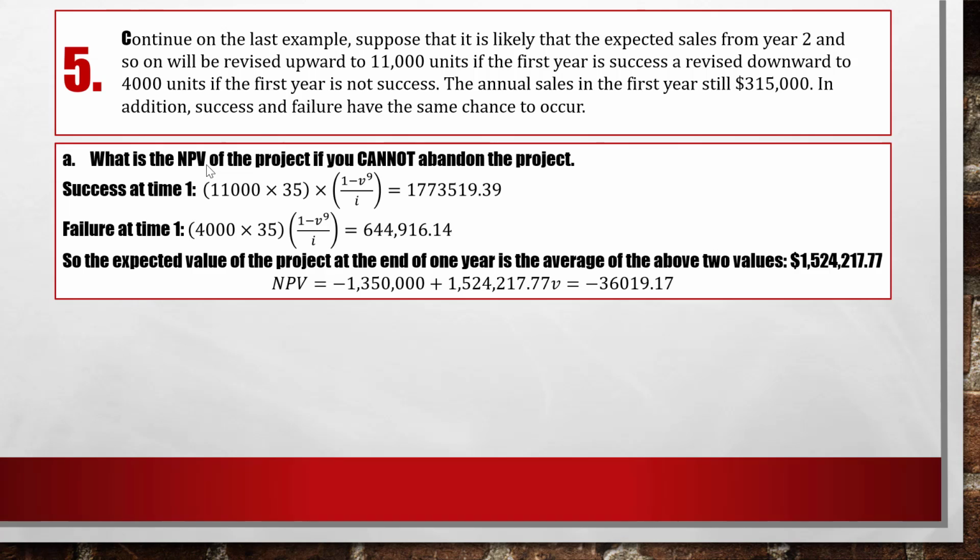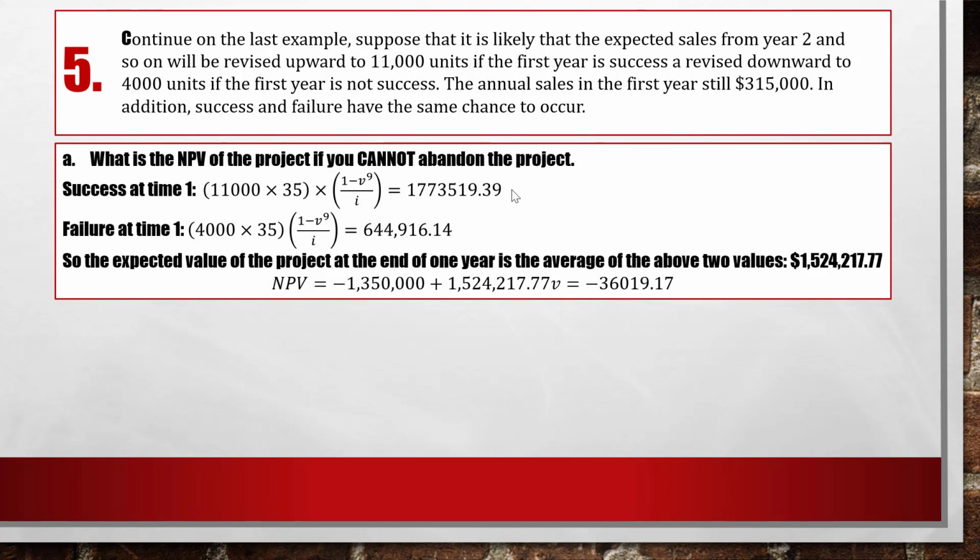So here, remember we have two outcomes, either success or fail. If success at time 1, then from time 2 and up, we raise the expected sale to 11,000 units. So the value of the project at time 1 if success is 11,000 times 35 times (1 minus v to the 9) over i, and we got 1,773,519.39. If we fail at time 1, then the value of the project should be 4,000 times 35 times (1 minus v to the 9) over i.